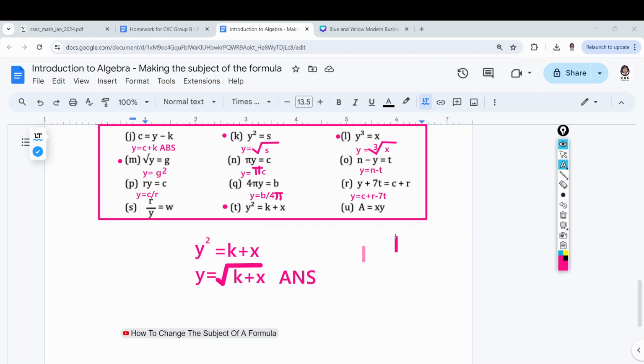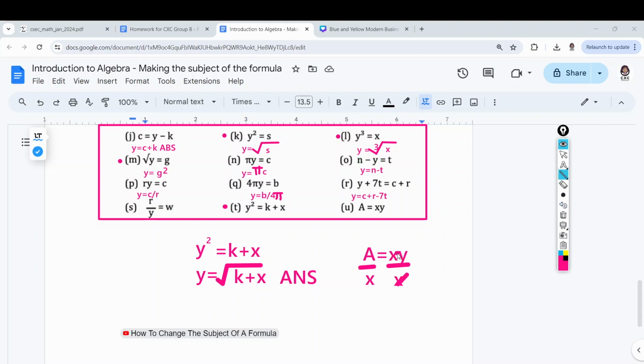And then this one, guys, says a is equal to xy. All we have to do here, guys, is divide both sides by x. Once we divide both sides by x, then we should be okay.